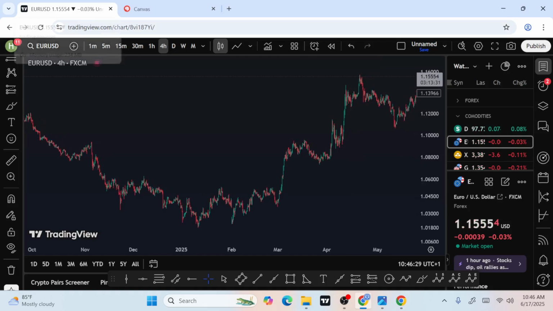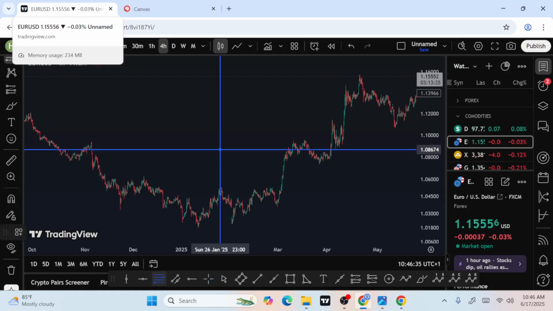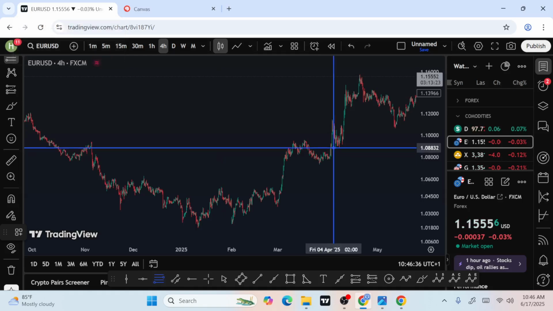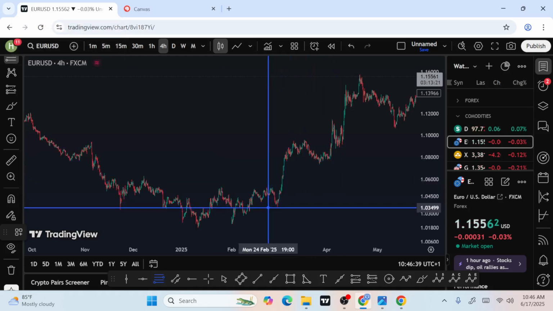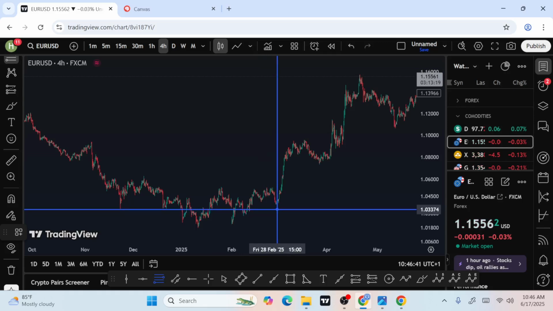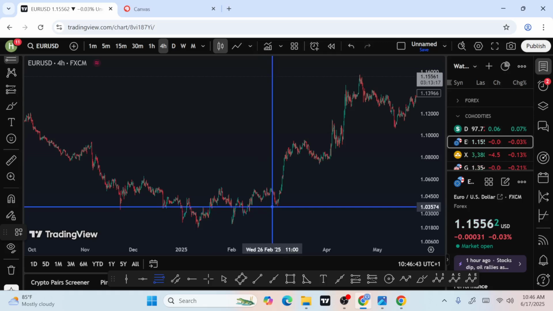Let's say for this one now, we will take our Fibonacci. Then you place it where the price started from. That is the lowest point of the area, that is for a buy market. Lowest point, yeah, this point.